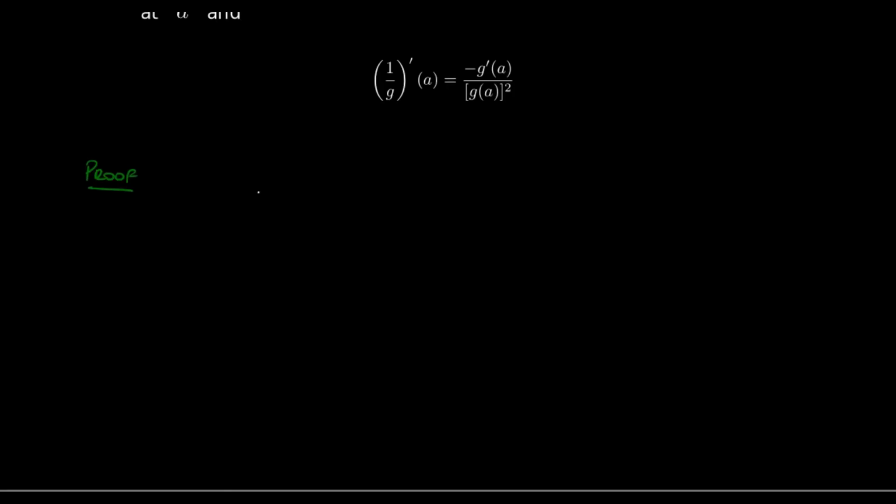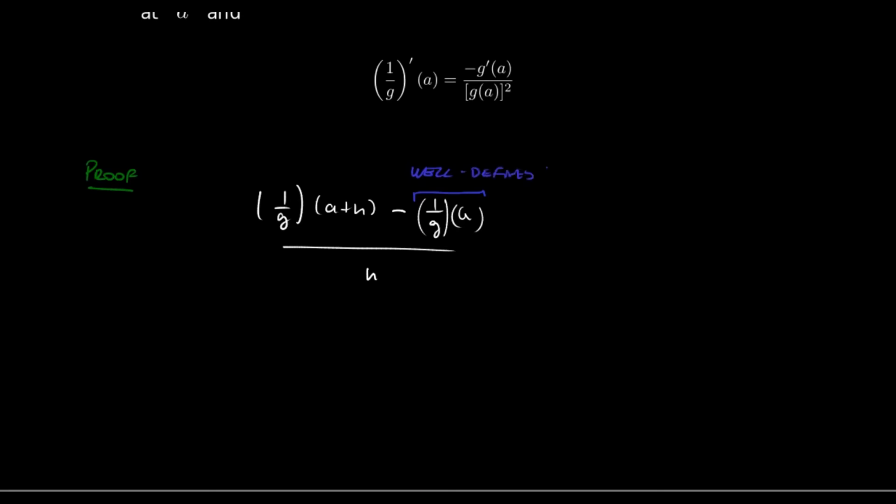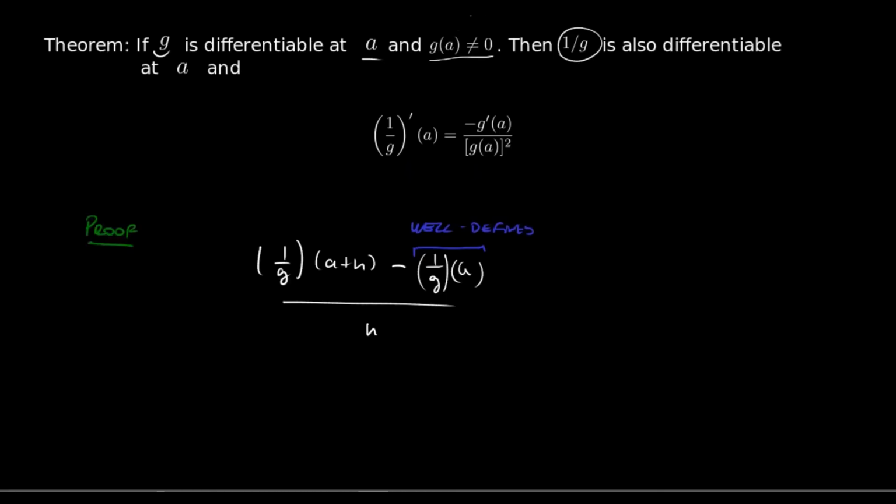Before starting and writing the limits, let's have a look at this. We know that this term is well defined because we said here that g of a was different to 0.